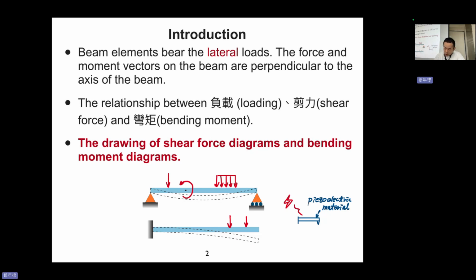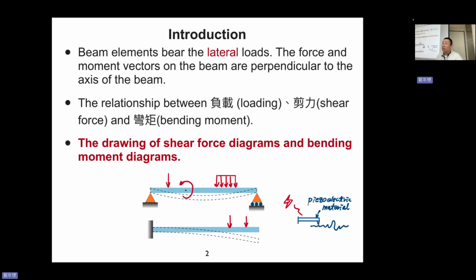So if this tip touches the material surface, it will push this piezoelectric material, so it will generate shear or bending, and then it will generate voltage.